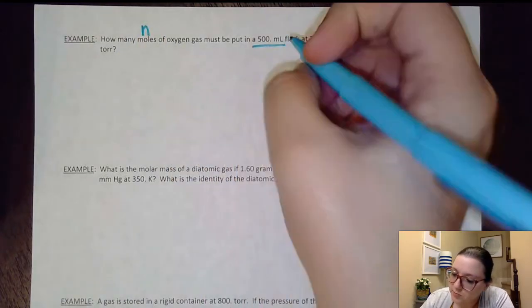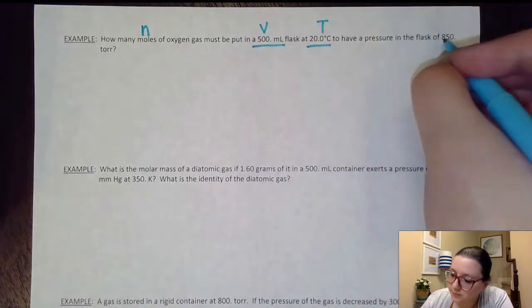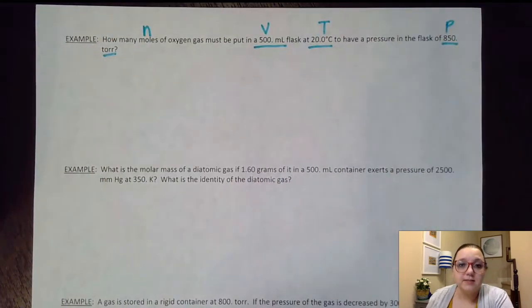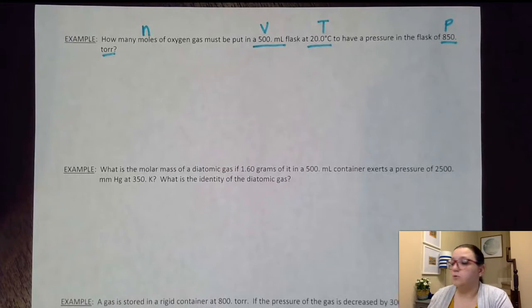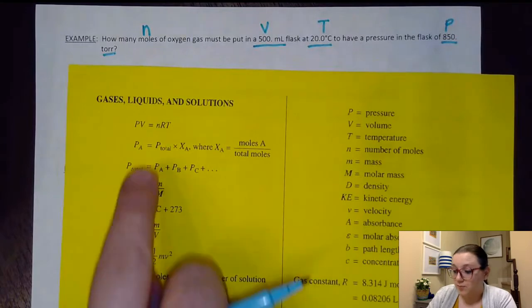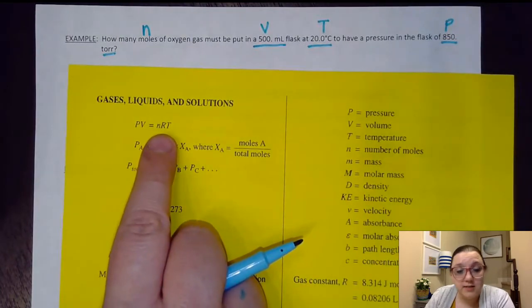500 milliliters would be a volume, 20 degrees Celsius would be a temperature, and 850 torr would be a pressure. So I'm presented with one set of conditions for moles, volume, temperature, and pressure, and that probably means I'm doing a variant of PV equals nRT.